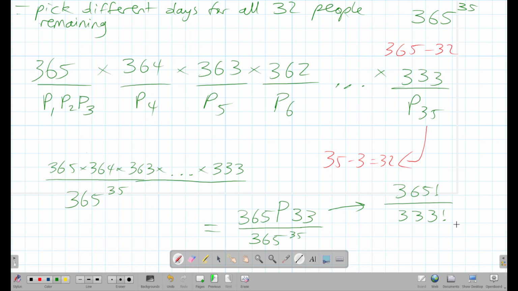Wait, did I leave out one? No, 32. Not 33, 32, sorry. 365 factorial divided by 32 factorial. If you simplify it, it will work out to be that right there. So that is what you would enter into your calculator and then you'd be good.